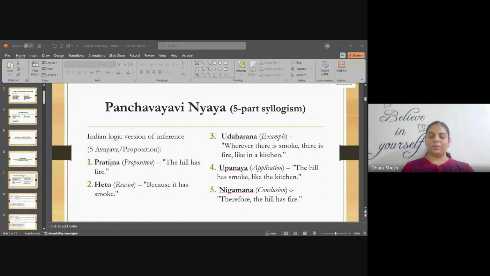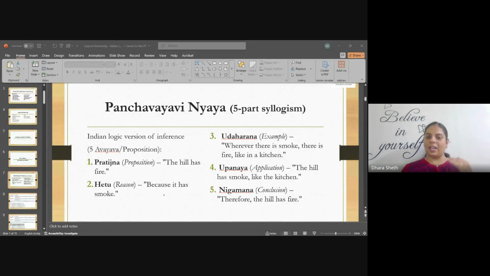So just explaining that. 5 avayav or 5 propositions: pratijna or pratigya, hetu, udaharan, upanay, nigaman. These are the 5 parts. When it comes to Indian logic version of inference, how do we infer logic?